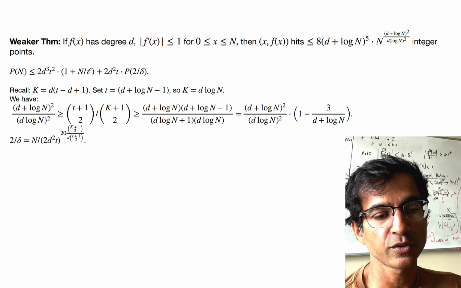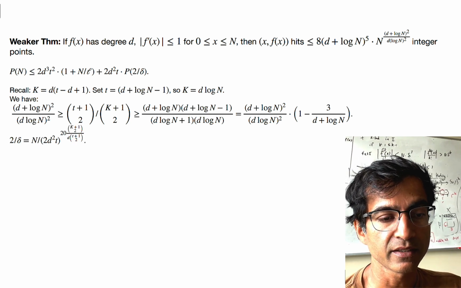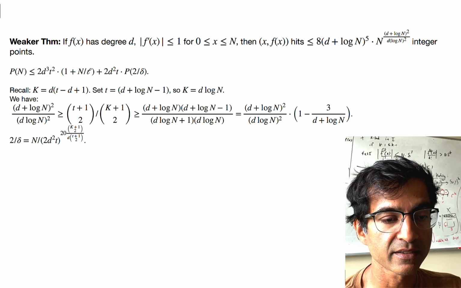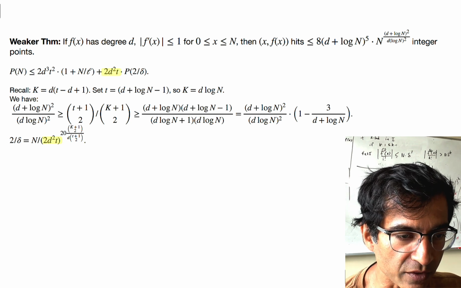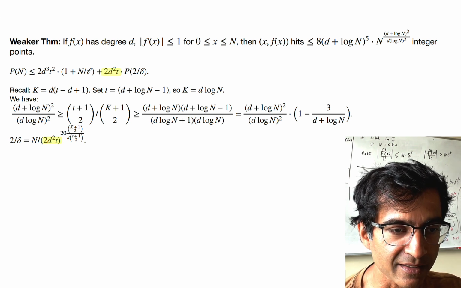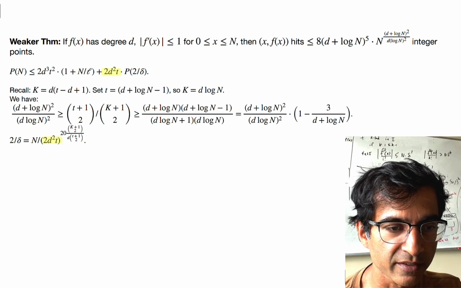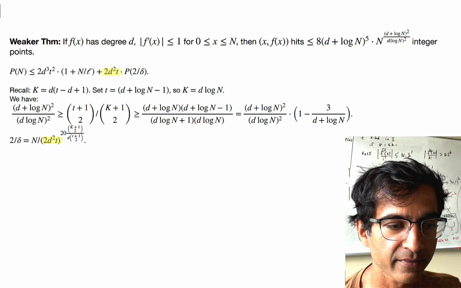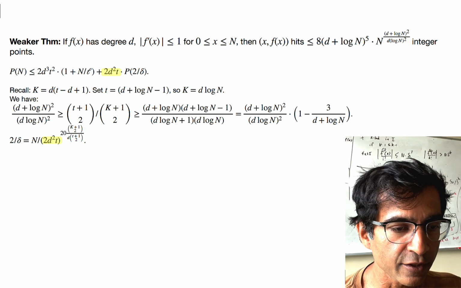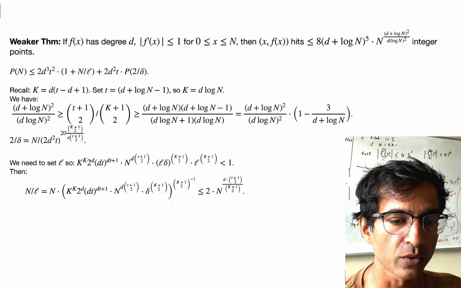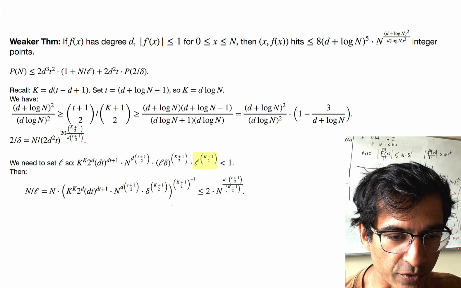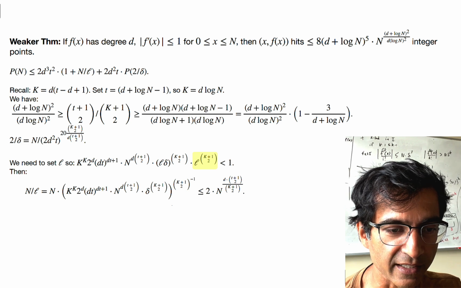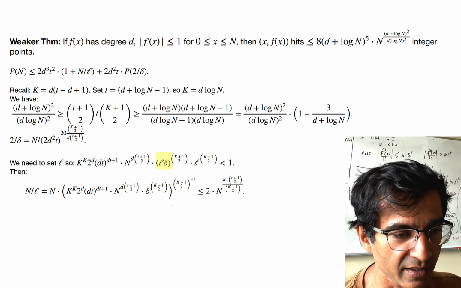Now, you should set 2 over delta to be this formula, n divided by 2d squared t times this ratio of the binomial coefficients. And this 2d squared times t is the same number that's showing up here, which is important. Finally you need to set L so this inequality holds. There's an extra L here, which you should ignore because I've added L to this equation.